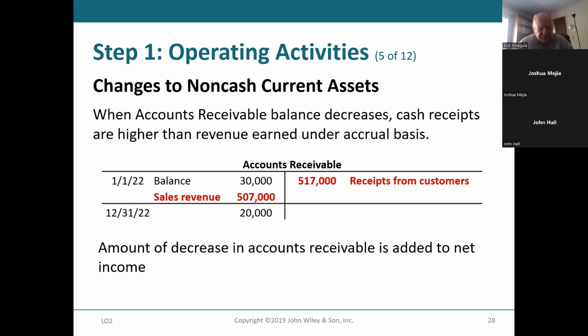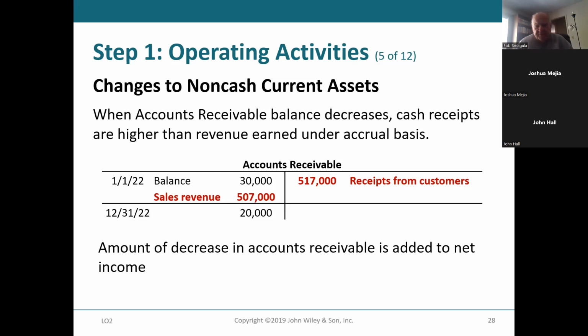Any decrease in a current asset is a favorable cash flow. And accounts receivable is the perfect account to demonstrate it. When we sell something to somebody, that asset, accounts receivable, goes up, but we haven't been paid yet. So cash flow wise, that's as unfavorable as you can imagine. Accounts receivable has gone up, but nobody's paid us.